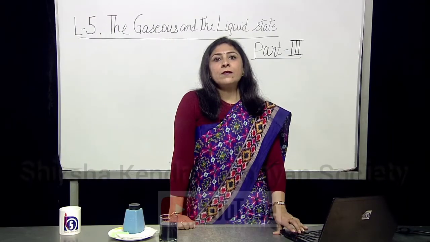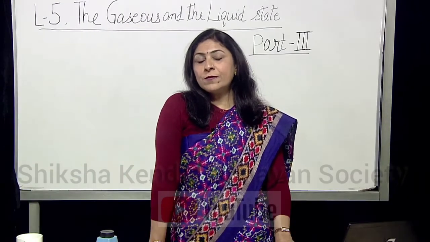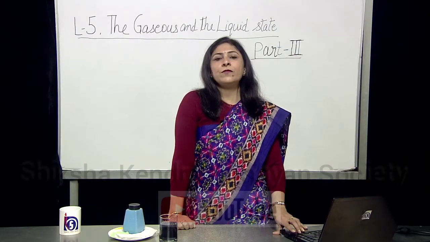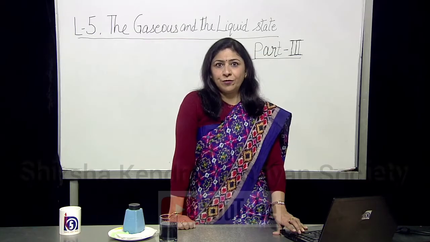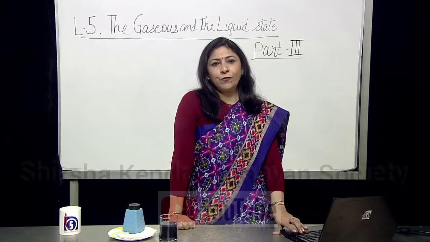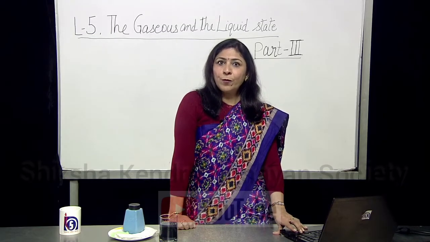These molecules exert certain pressure over the surface of the liquid. The pressure applied by the vapor on the liquid surface is known as the vapor pressure. So, the pressure exerted by vapors above the liquid surface when these are in equilibrium with the liquid at a given temperature is known as the vapor pressure of the liquid.